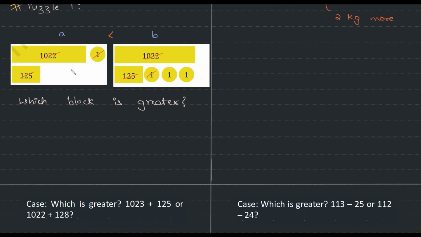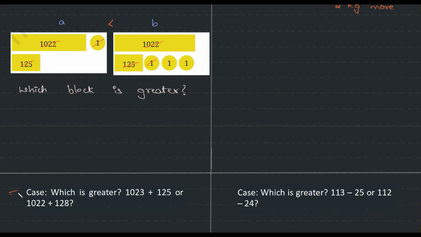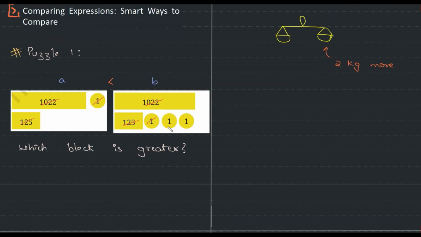The same set of numbers, I can express it this way as well. Which is greater, 1023 plus 125 or 1022 plus 128? The same blocks can be written in numbers as well. Similar to the concept that we use here, we didn't go on to add anything or subtract anything.